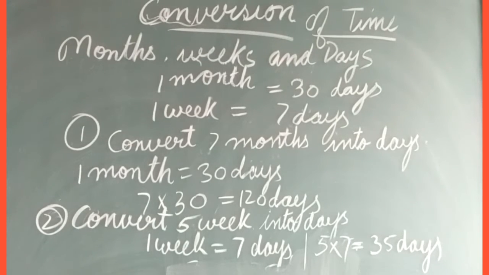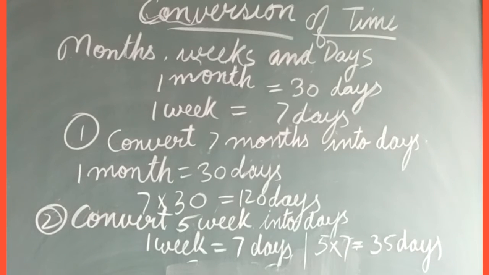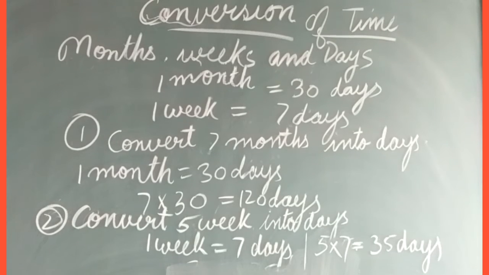As you know, 1 month equal to 30 days, so there are 7 months, you will multiply 7 with 30, then you will get the answer: 210 days.